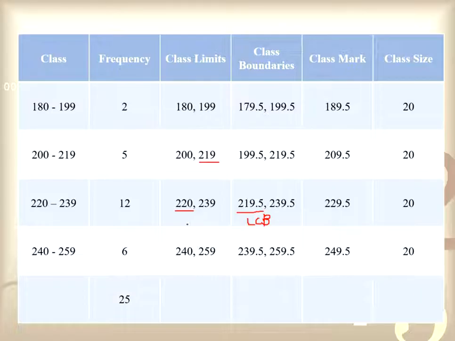So, 219 plus 220 divided by 2, 219.5. Next, upper class boundary. So, upper class limit of the concerned class plus lower class limit of the subsequent class. Ito na yung kasunod. So, add itong dalawa.